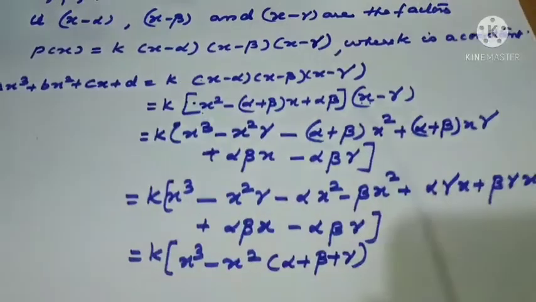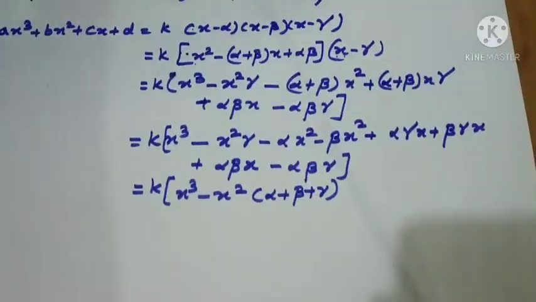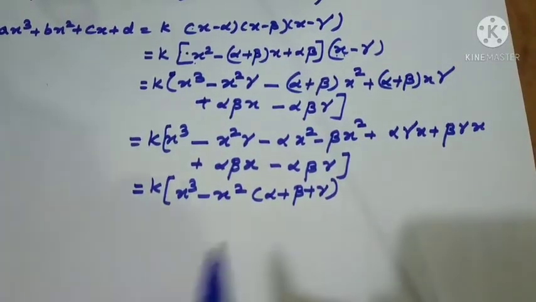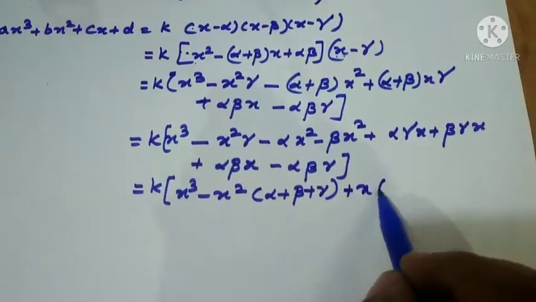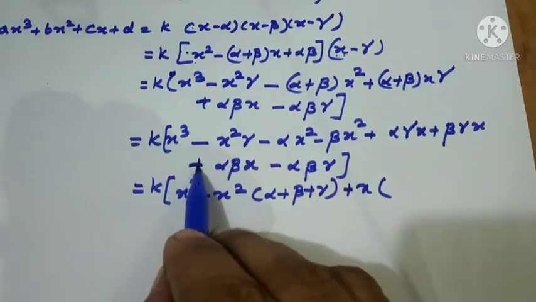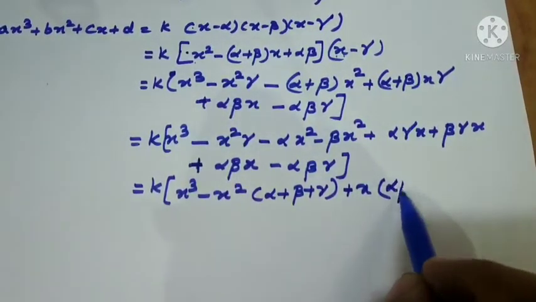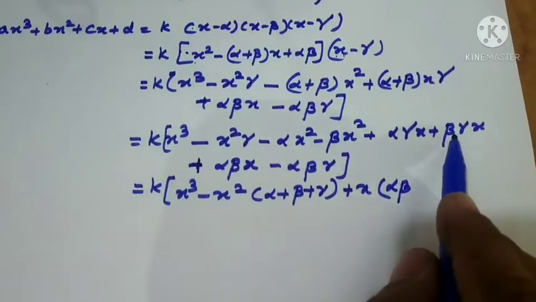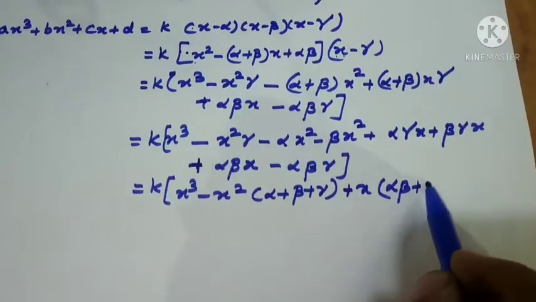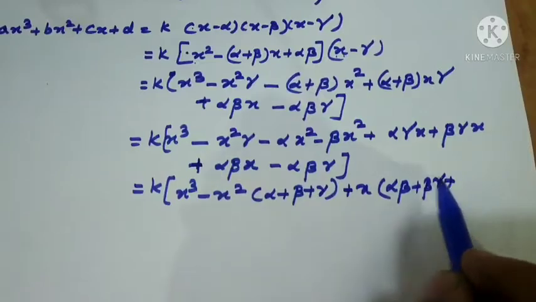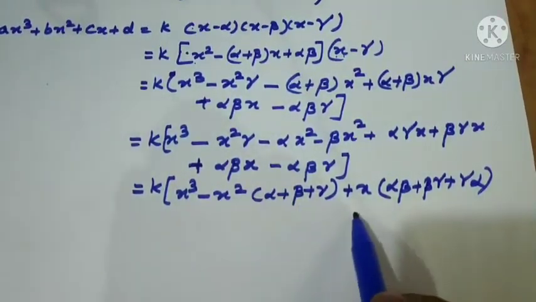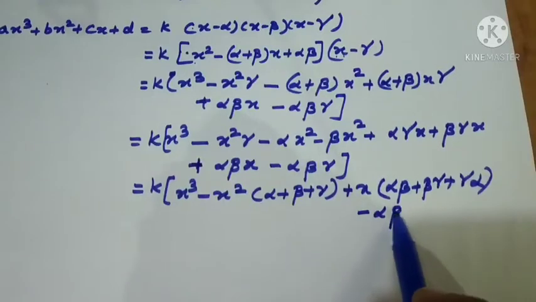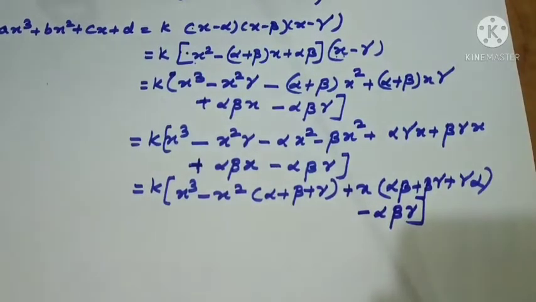Now what is the next? x square is over, then we go for x. I am taking plus x common, so here plus only: alpha beta with x, then beta gamma, again gamma alpha. What is the last term remaining? Minus alpha beta gamma, right?